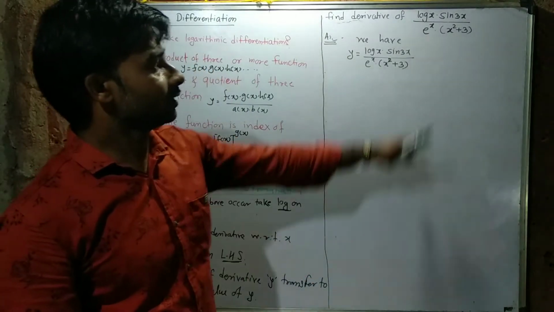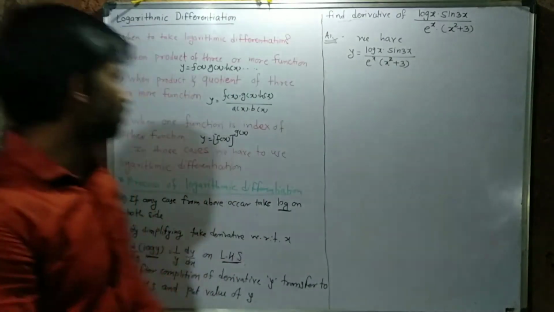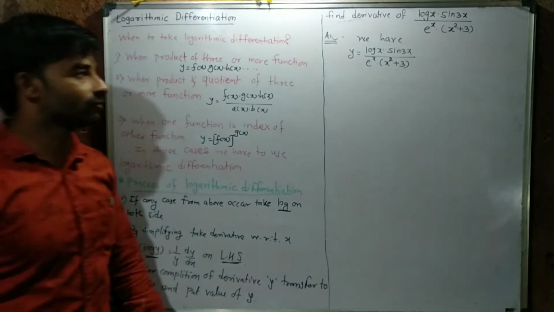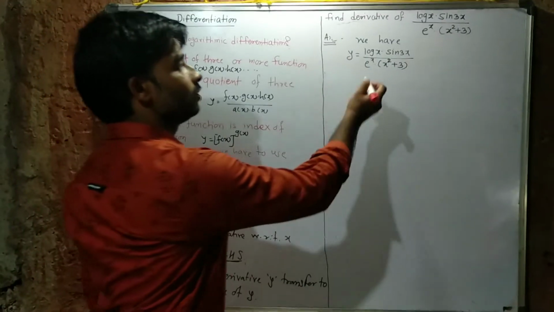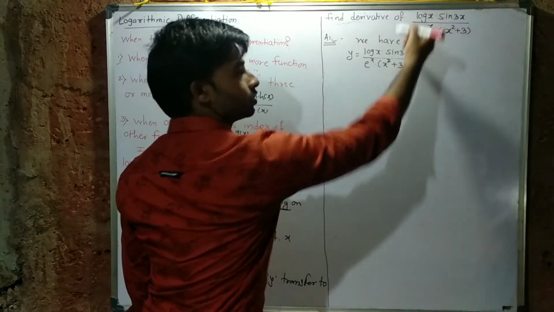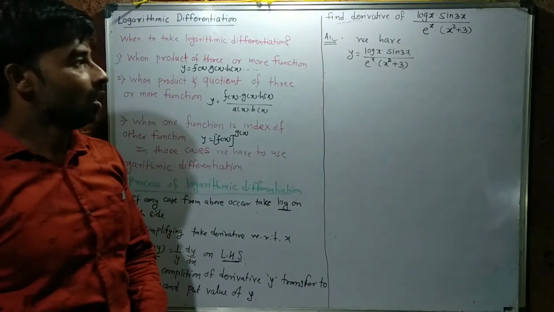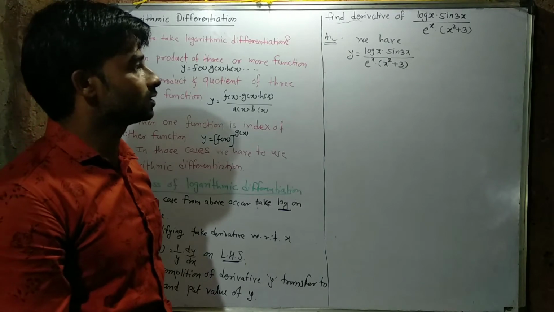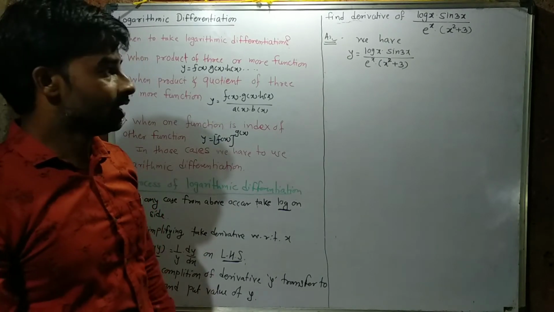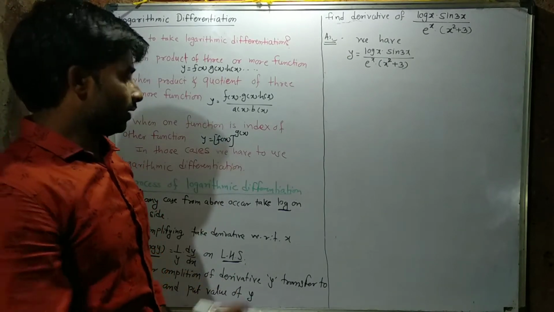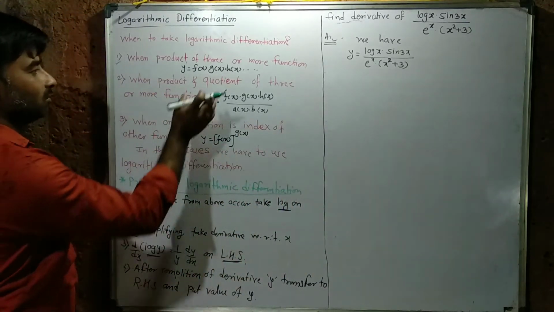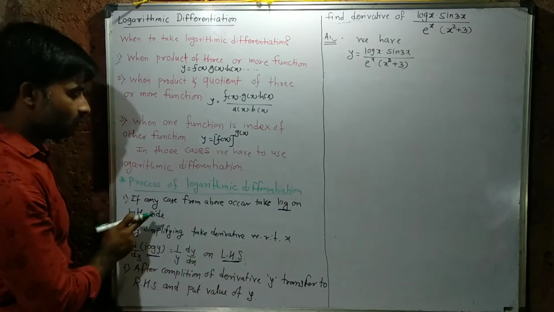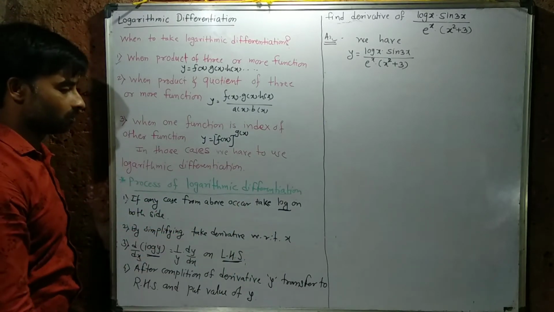That means it consists of four functions in the form of product and quotient of functions. At that time, first of all, we have to consider y is equal to log x into sine 3x divided by e raised to x into x square plus 3. Now according to that consideration, where product and quotient of three or more functions is there, at that time we have to follow the logarithmic differentiation process.